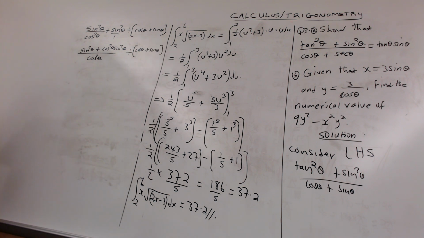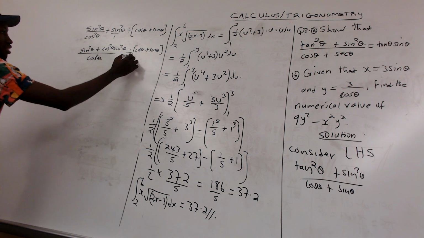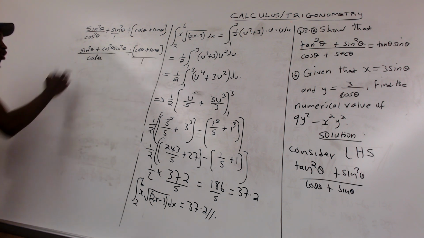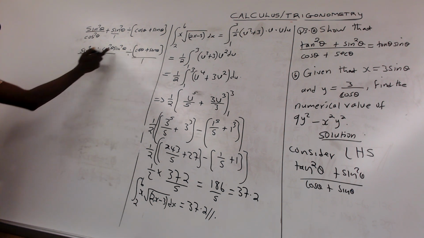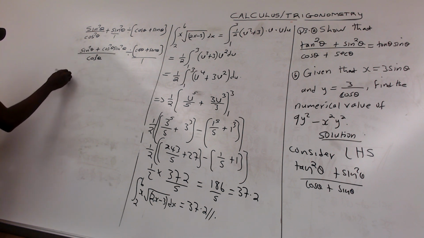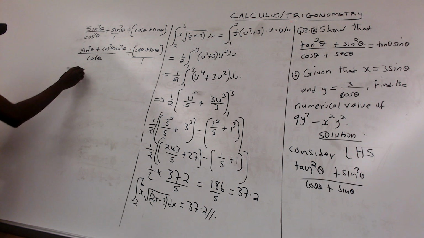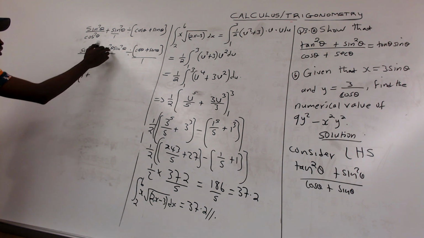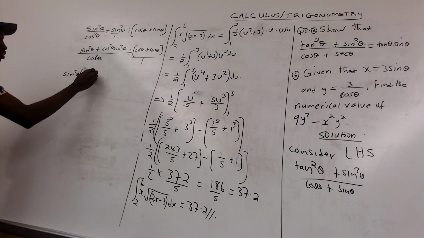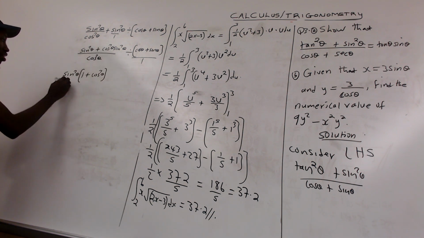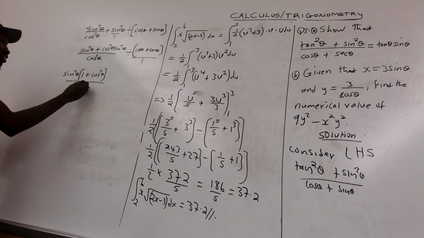You see? But if we look at this, sin square theta is common. If we factorize here sin square theta, if we remove it, it's going to be 1 plus cos square theta divided by cos square theta.